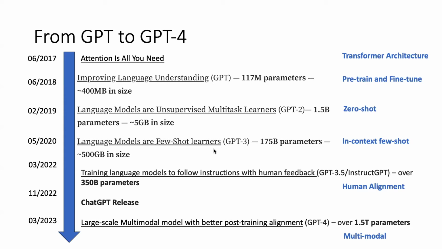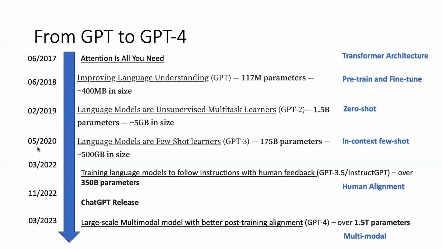We just need to provide a few examples in your prompt or input to the GPT model, and then the model can generalize based on those descriptions and a few examples. It shows improvement over the zero-shot GPT-2 model across a variety of tasks.